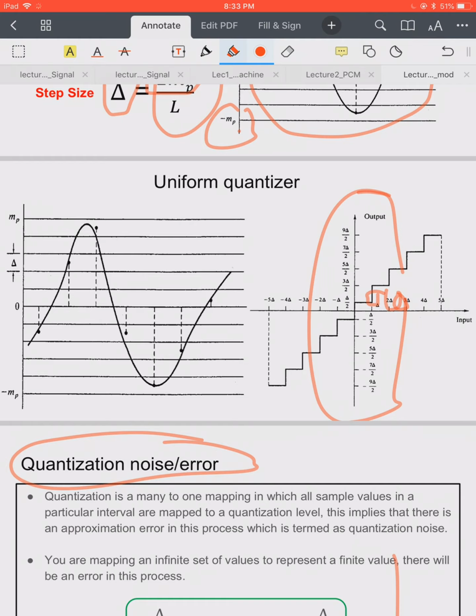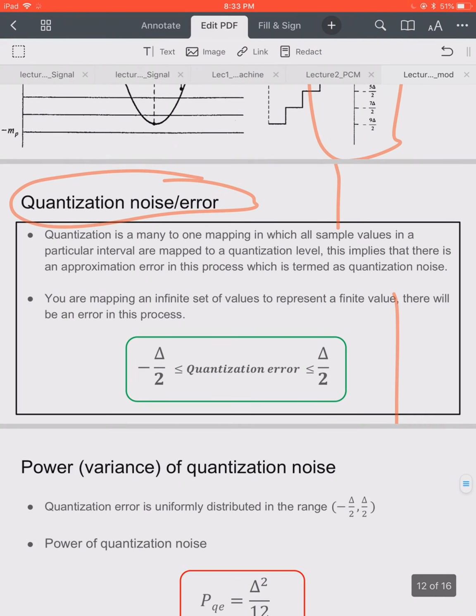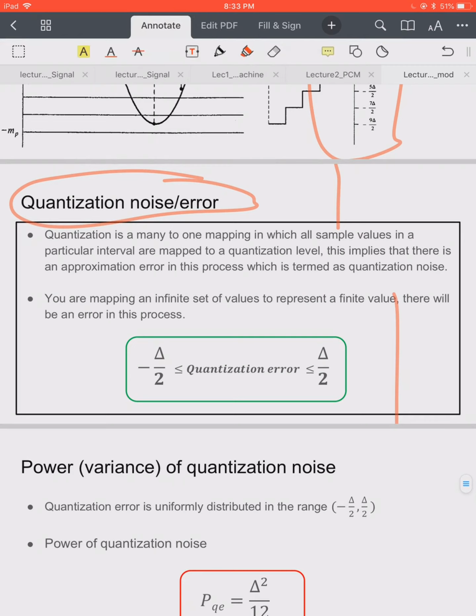Here it is delta by 2. So our quantization error will be maximum delta by 2 and minimum minus delta by 2. For each interval, this quantization error will be between minus delta by 2 to delta by 2, right?